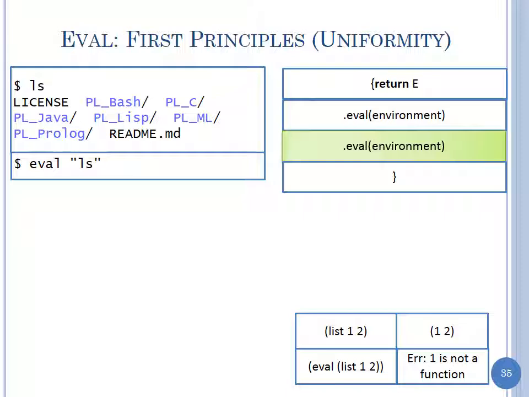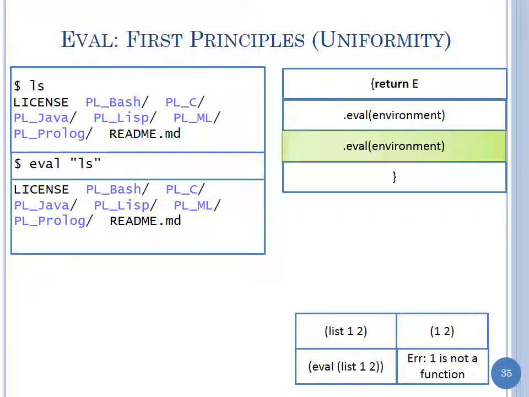If you're a Lisp programmer, would you expect that? Because the Lisp programmer will say eval twice, right? So I indeed get the same result as ls. So if you do +1 2 or you do eval +1 2, in the Bash philosophy they're the same.